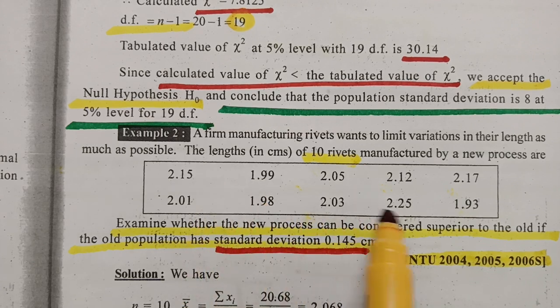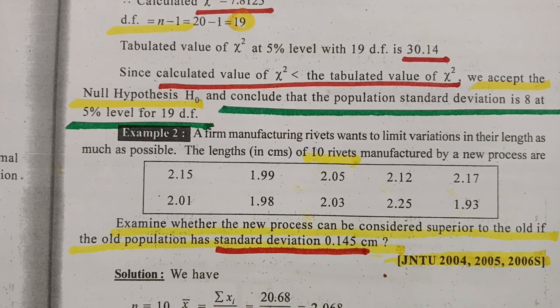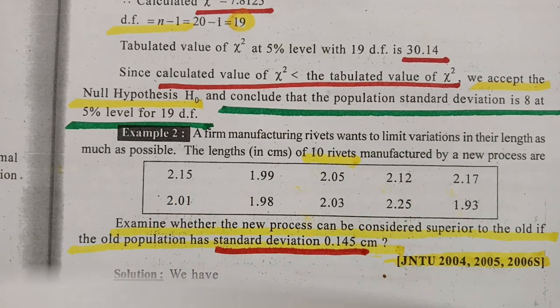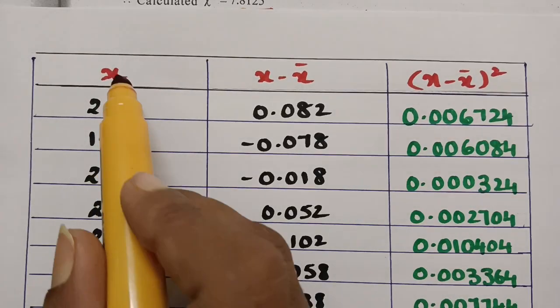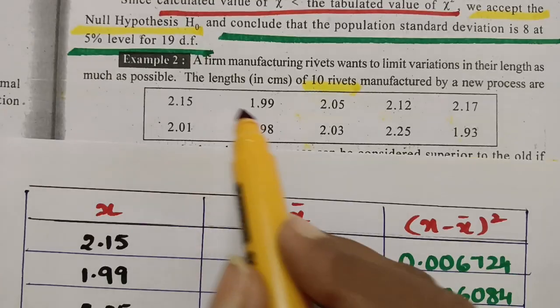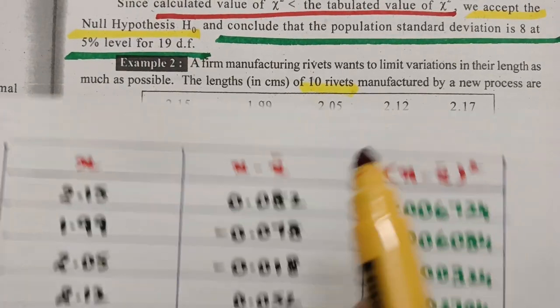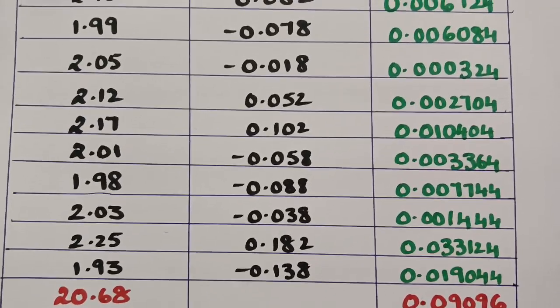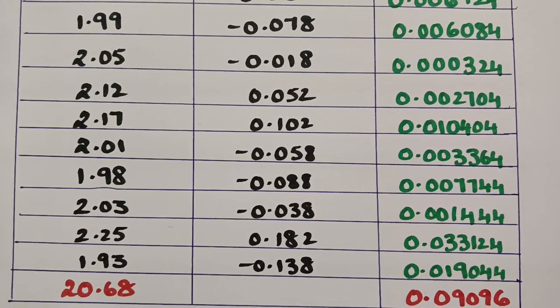Now we are going to calculate the mean and S square. For calculating the mean, these are all the x values: 2.15, 1.99, 2.05, 2.12, and so on.